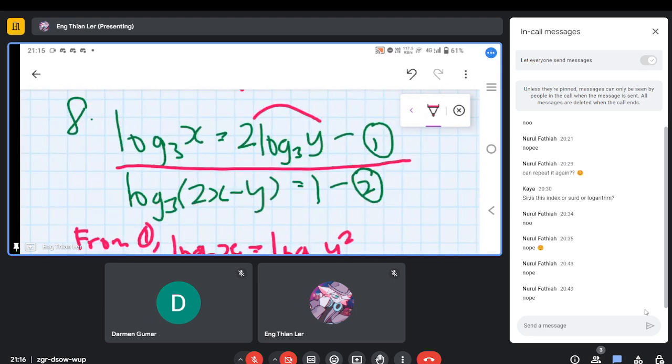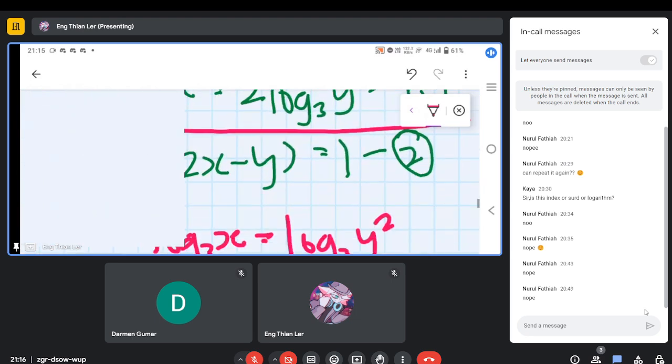Okay, so when x equal to 1, now I know why.